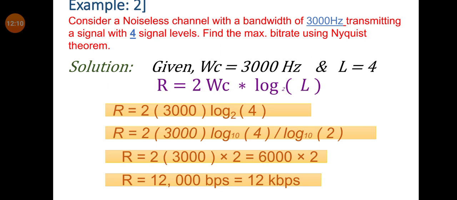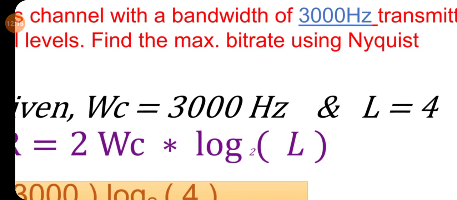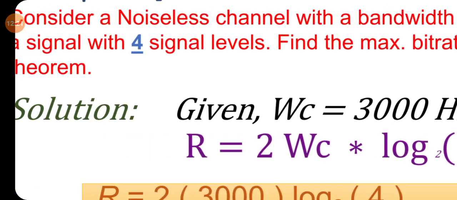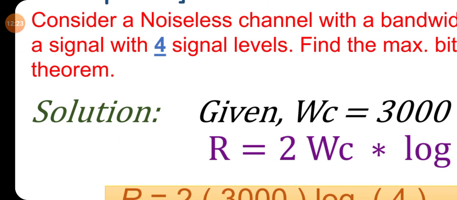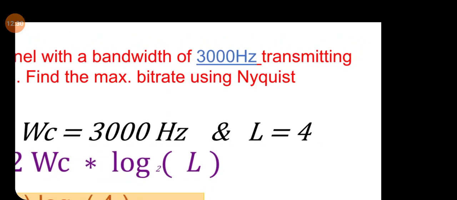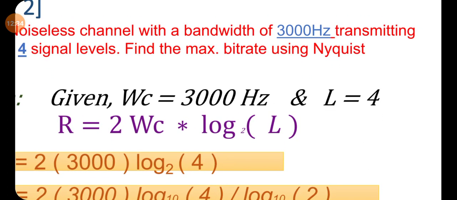So in this problem, what is given? Bandwidth. So bandwidth is equal to what? 3000 Hz, means WC equal to 3000 Hz. Then the next part given is 4 signal levels, means L is equal to 4. Clear? Okay, now take the formula. The formula is R equal to 2WC into log of L to the base 2. Now put the values.